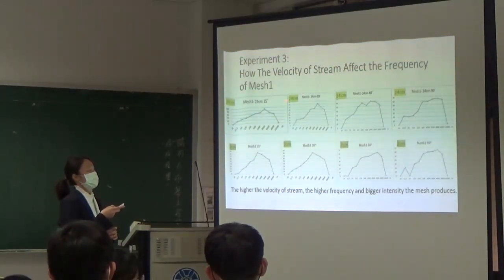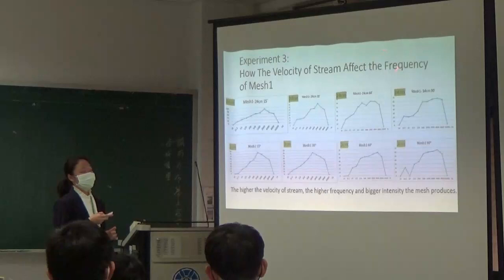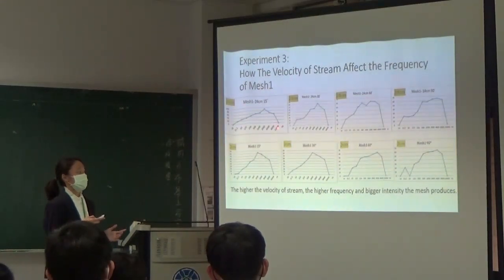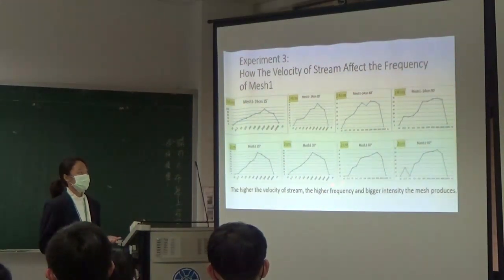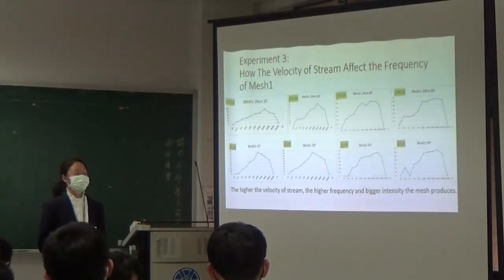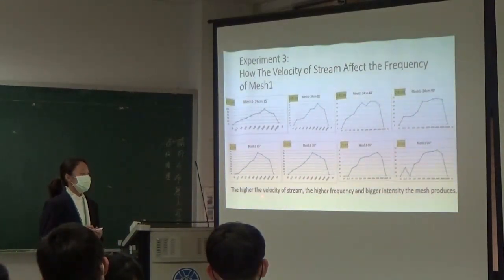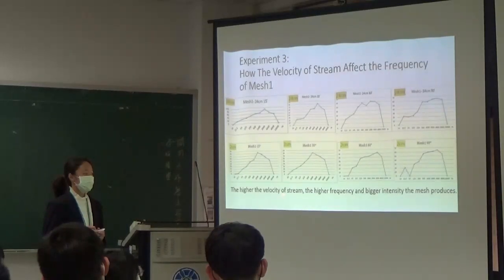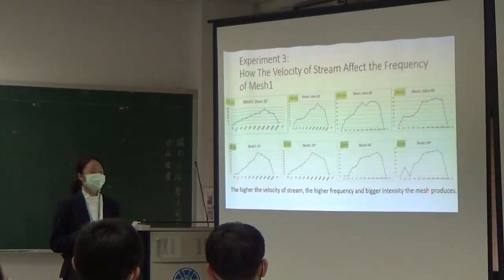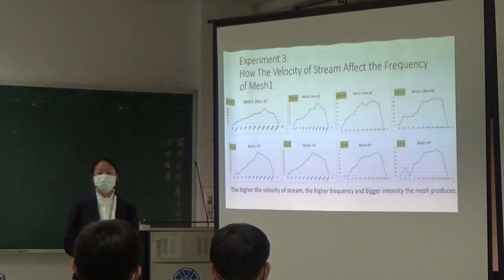The upper charts are mesh 1 at a distance of 24 centimeters, and the lower charts are the 2 centimeter charts. We can see that the higher the velocity of the stream, the higher the frequency and bigger the intensity the mesh produces.